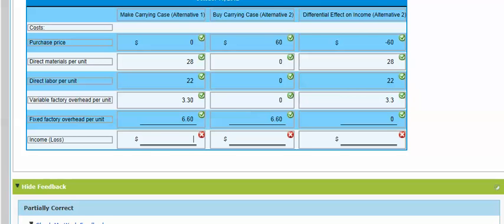Now, the net income or loss, let's go ahead and make our calculation there. We'd have, under alternative 1, it would be 28 plus 22 plus 3.3 plus 6.6. That looks like 59.90. Under alternative B, it'd be 60 plus 6.6 or 66.6.